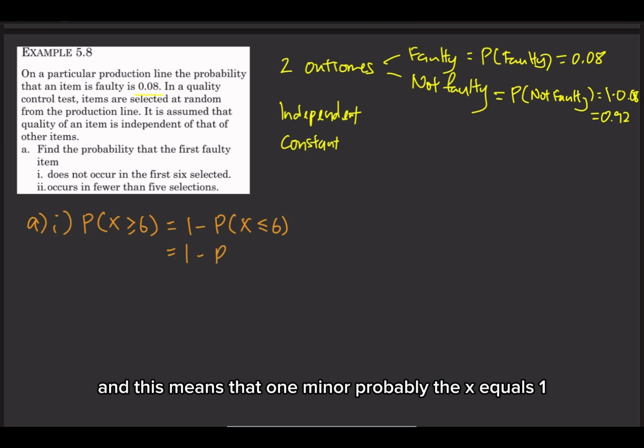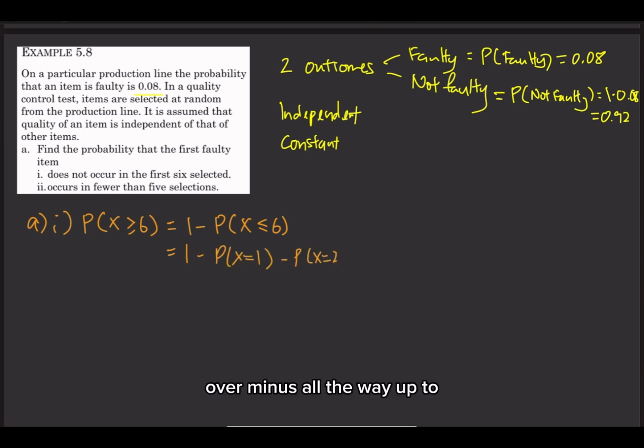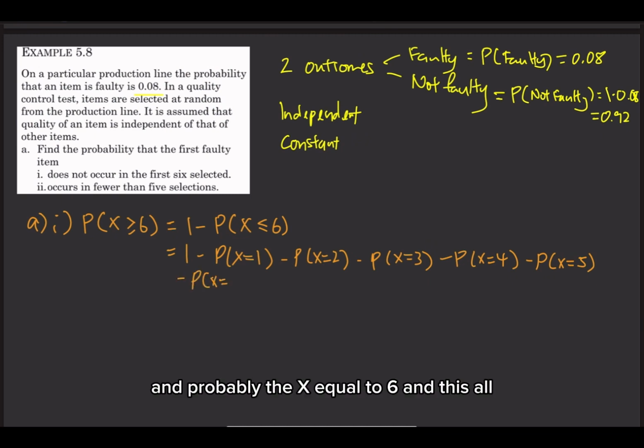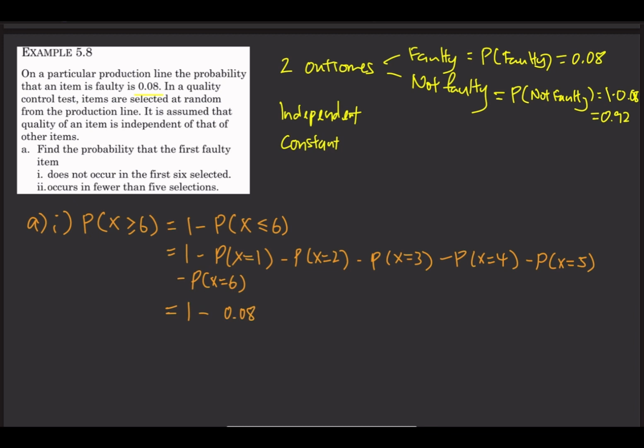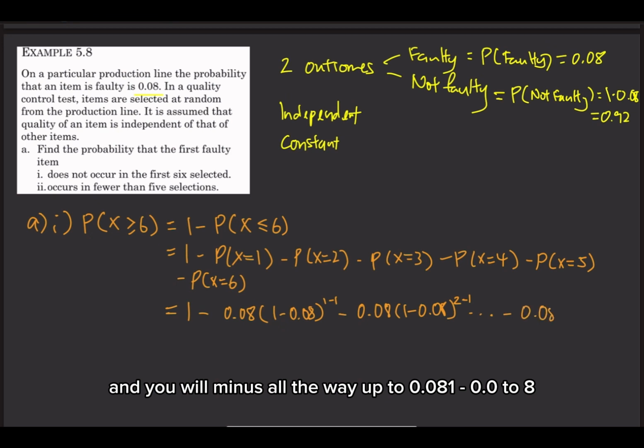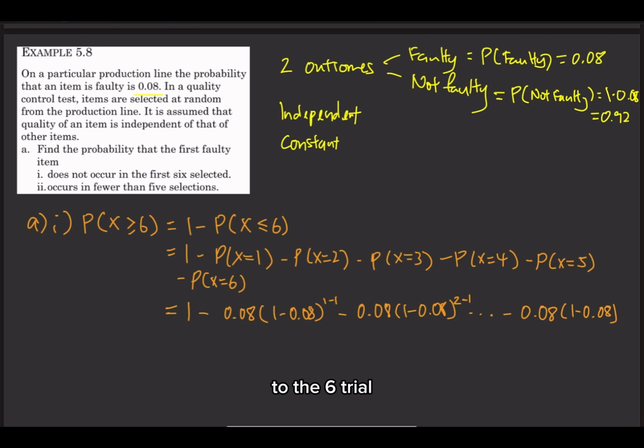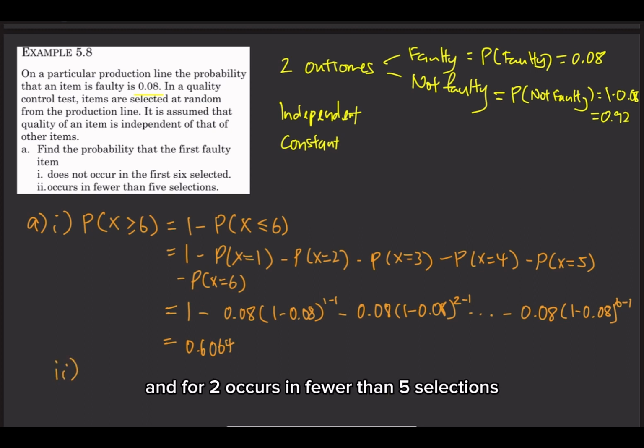This means 1 minus the probability that x equals 1, minus all the way up to minus the probability x equals 6, which is 0.08 times (1 minus 0.08) to the power of 6 minus 1. And the answer you will get, after typing it in the calculator, is 0.6064.